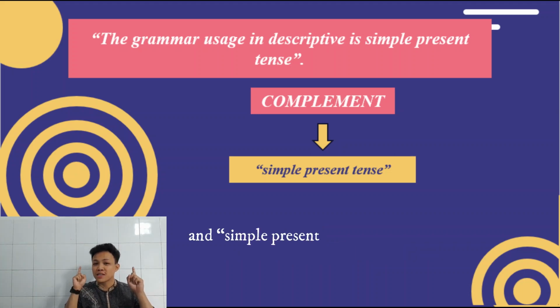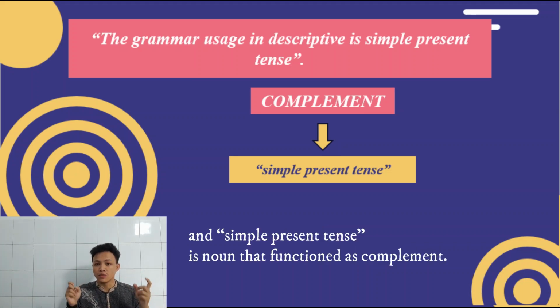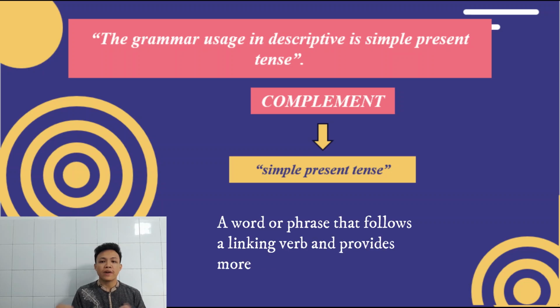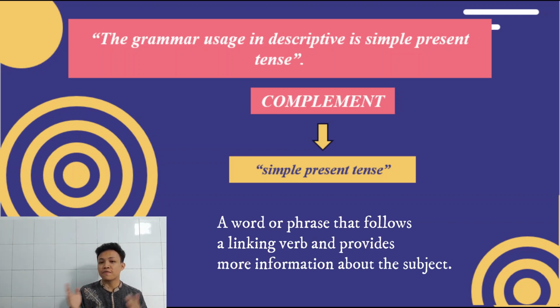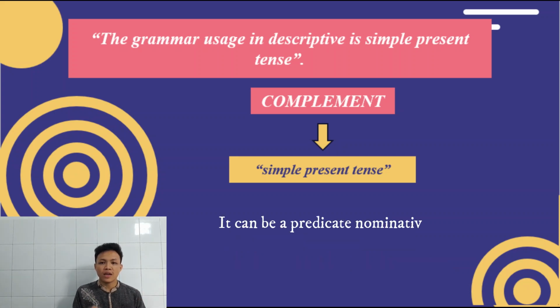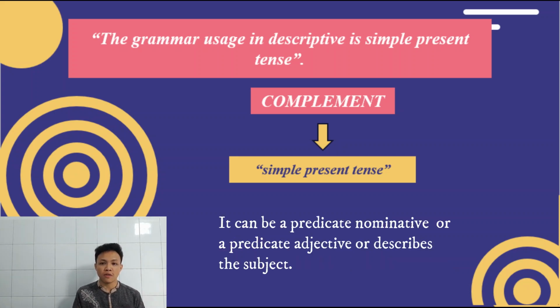And simple present tense is a noun that functions as the complement. A complement is a word or phrase that follows a linking verb and provides more information about the subject. It can be a predicate nominative or a predicate adjective, and describes the subject.